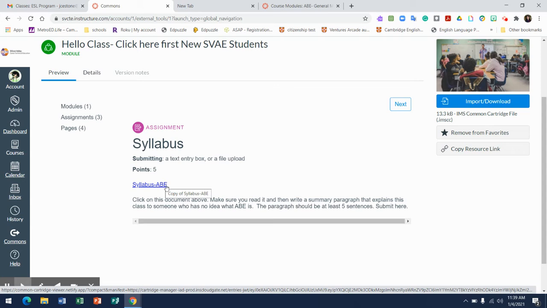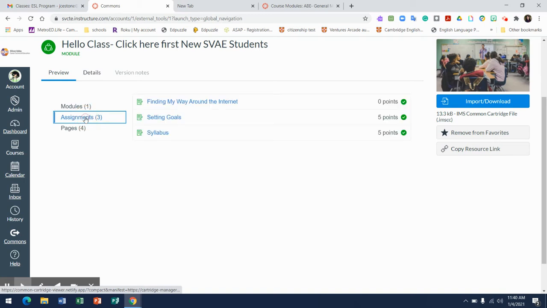Okay, so you can go ahead and add your syllabus here, and the same assignment should be in there. They should be able to summarize it, and that'll also give you a writing sample right away to see if they kind of understand and can find the assignments, and it gives them Canvas practice submitting assignments.